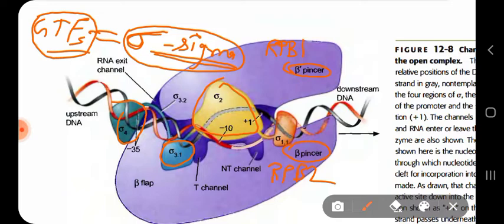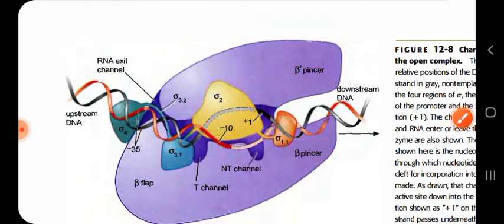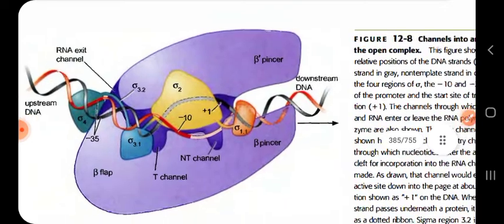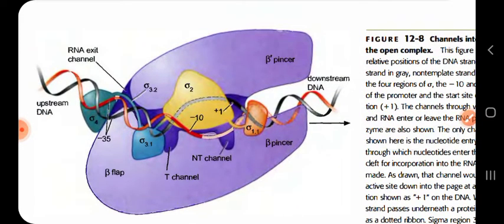Now you can see it clearly here. I have given you a simplified diagram of RNA polymerase 2 in the WhatsApp, showing how the RNA polymerase 2 unwinds the DNA at the front, then synthesizes the RNA using that unwound DNA.